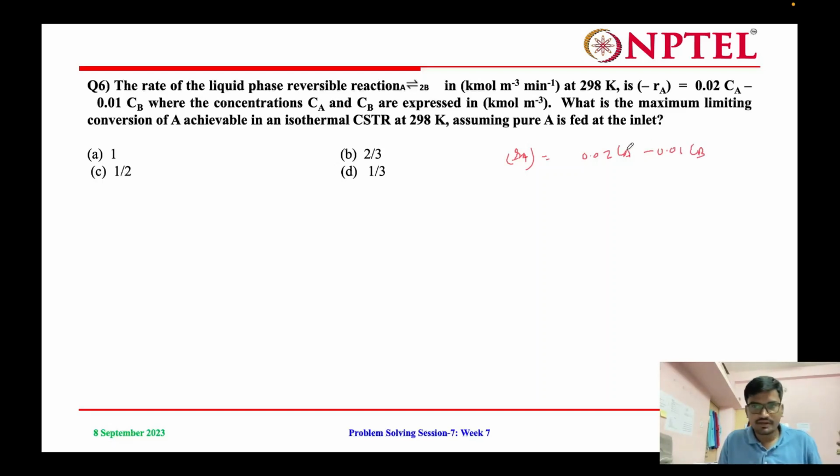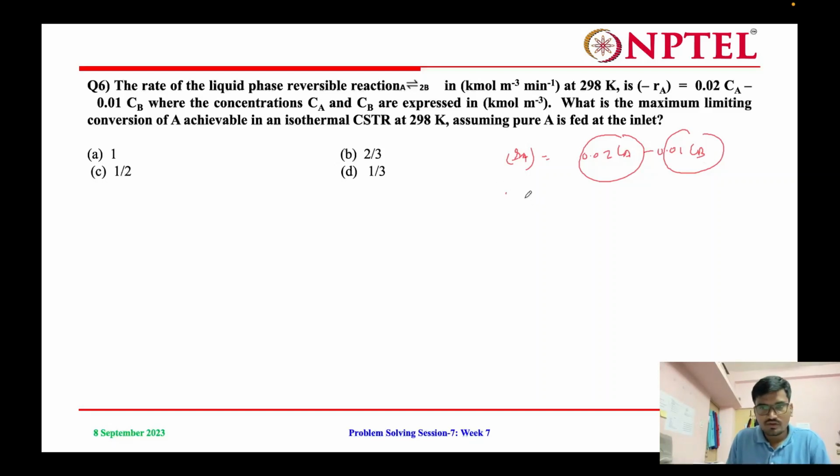This is the rate equation for the forward reaction, and this is for the backward reaction. So the maximum limiting conversion of A is achieved at equilibrium, when the forward reaction and backward reaction rates are equal.